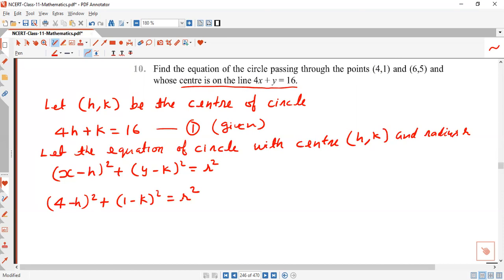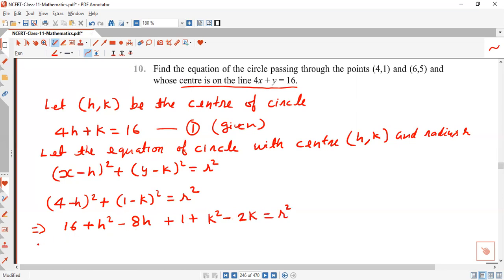If you open this equation, what you get is 16 plus h square minus 8h plus 1 plus k square minus 2k equal to r square.